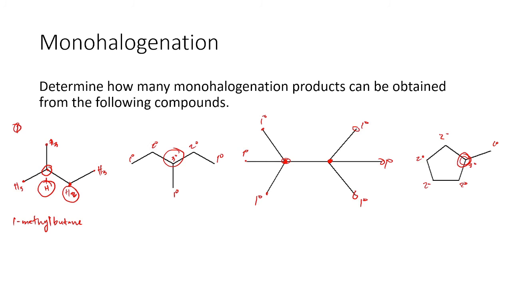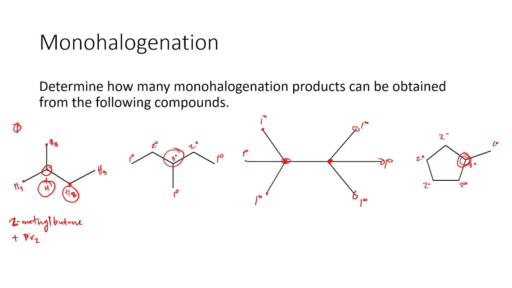So ayun, yung mga structures na pwede nating makuha para dun muna sa ating methylbutane, ito pala, sorry, this should be 2-methylbutane. So we have here, kung ang i-add natin ay, say, bromine.